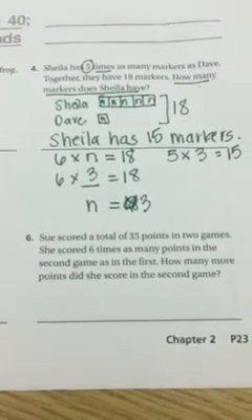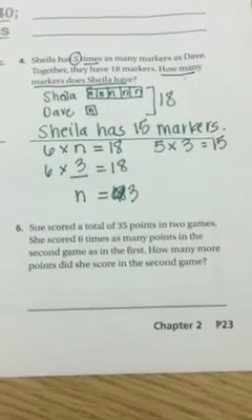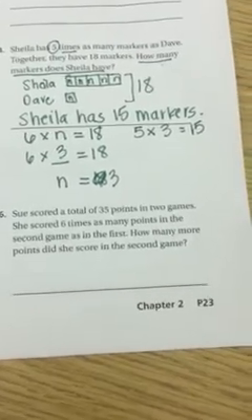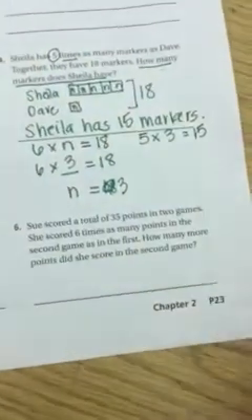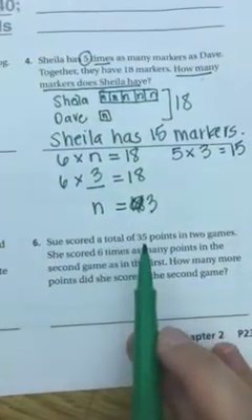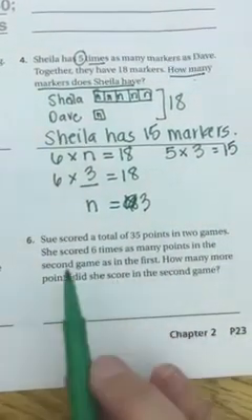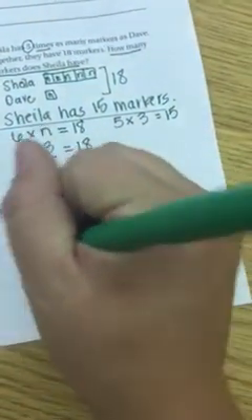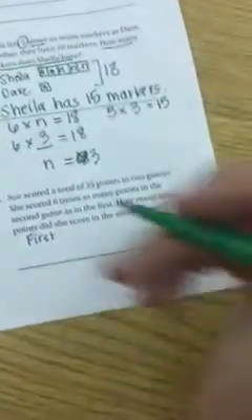In number 6, this is asking how many more points did she score in the second game. So in this one, Sue scored a total of 35 points in 2 games. She scored 6 times as many points in the second game as in the first. So we have the first game and we have the second game.